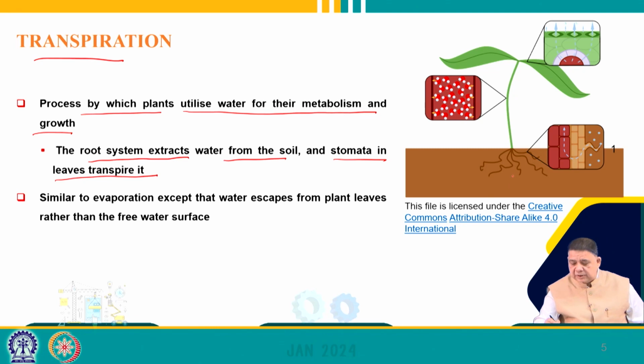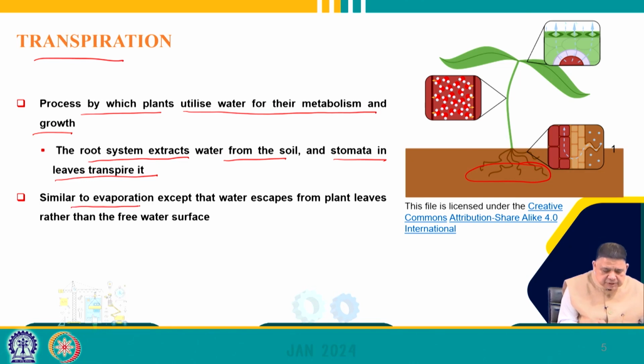The roots extract water and nutrients from the soil, which reach the leaves through stems. It is used by plants for growth and metabolic activities, and the stomata on plant leaves are where this water transpires. It is similar to evaporation, except that water escapes from plant leaves rather than a free water surface.